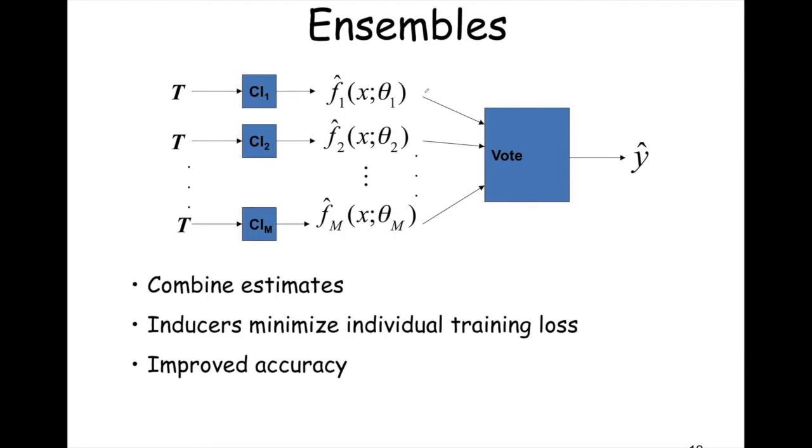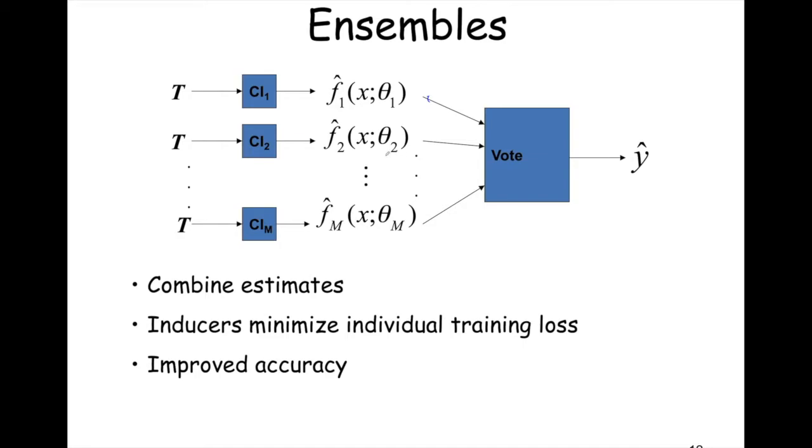Then these individual component classifiers, as we'll call them, we combine their estimates through a voting mechanism. If we can come up with a suitable voting mechanism to combine these estimates, we can get an aggregate estimate y hat resulting from that vote that improves the accuracy beyond the individual accuracy associated with a single component classifier.